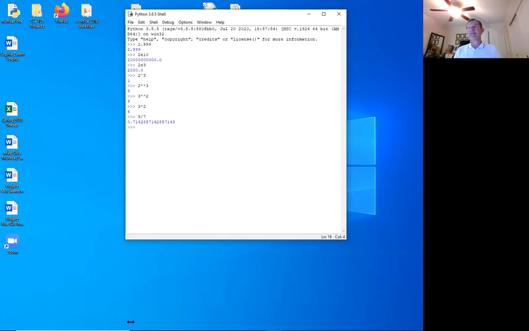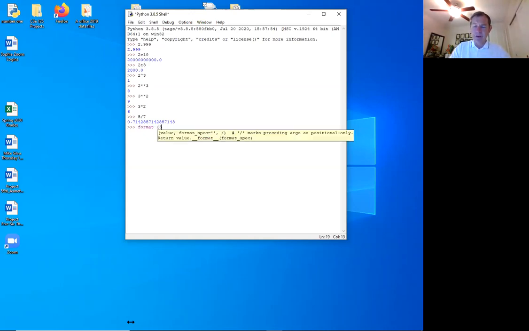But I can format that. There's a built-in format function. And I could say, I want to format 5 divided by 7, comma, okay? And what comes after the comma is, let's say 2 decimal places. I screwed it up because I always do that. 2 decimal places.